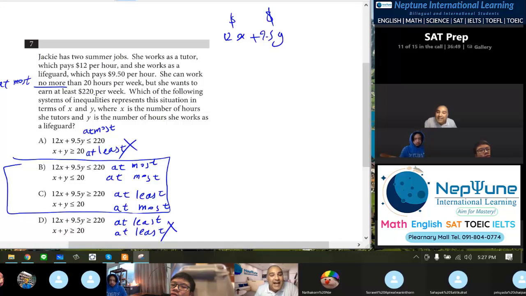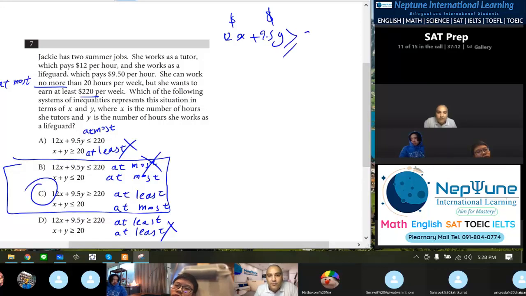So this is at most, not the answer. So I have 1 answer. I don't even need to write it, because at least, at most, done. That's how you can do it fast for the SAT. But if you want to write it nicely, I just say that at least, so this should be more than or equal to $220. You see that? Dollar plus dollar equals dollar.